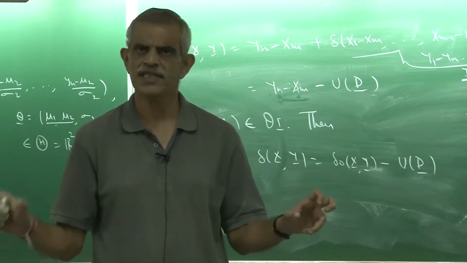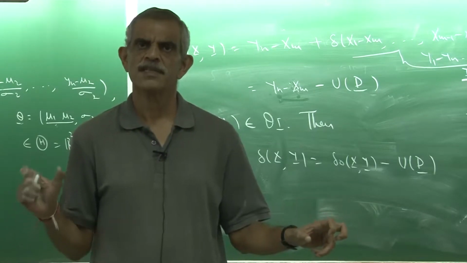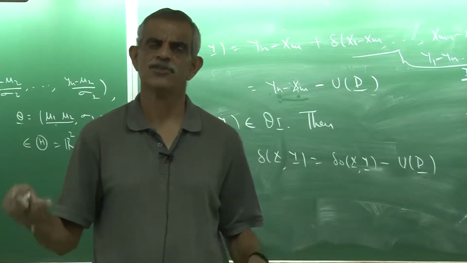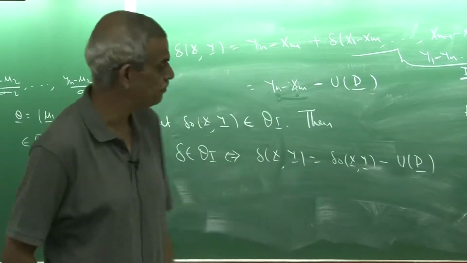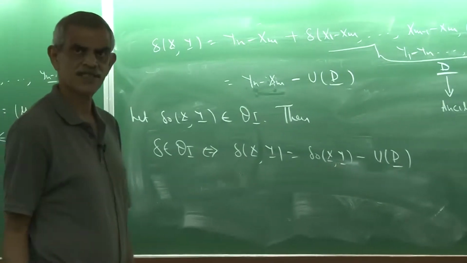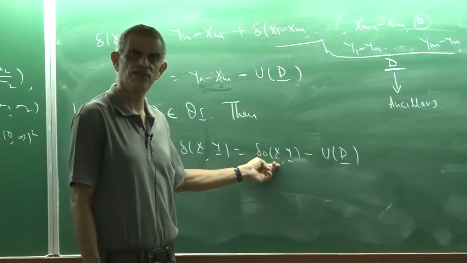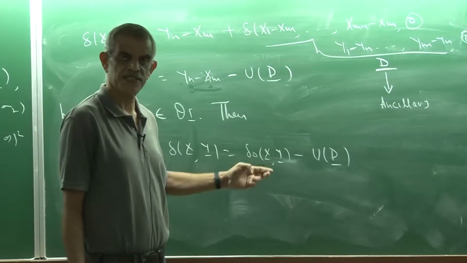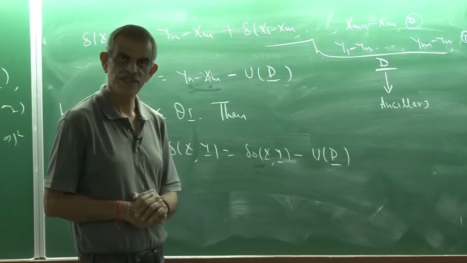Any mu1, mu2 I can write as mu1 minus theta 1 plus theta 1, mu2 minus theta 2 plus theta 2. So they are the same as g bar c1, c2 of theta 1, theta 2. So g bar acts transitively, and the risk is again constant. The risk of this estimator would be the same as if mu1 is 0 and mu2 is 0. Risk is constant, so minimizing a constant will not be difficult.